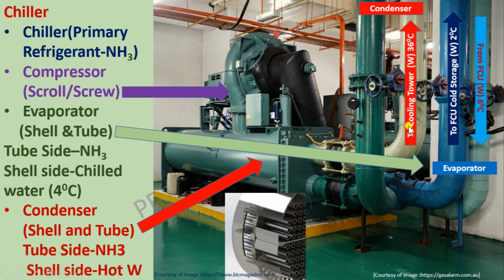Heat from the condenser is carried by the water at 36 degrees Celsius temperature and it is going to the cooling tower for heat rejection to the atmospheric air. By rejecting heat to the atmospheric air, it is returning from the cooling tower at 32 degrees Celsius temperature to the condenser.